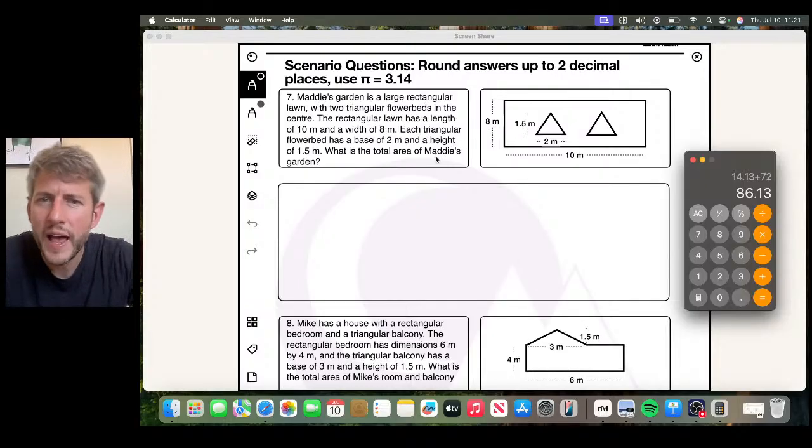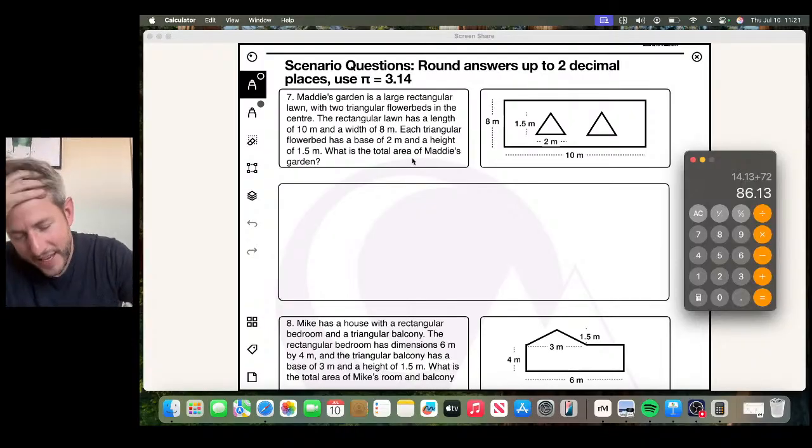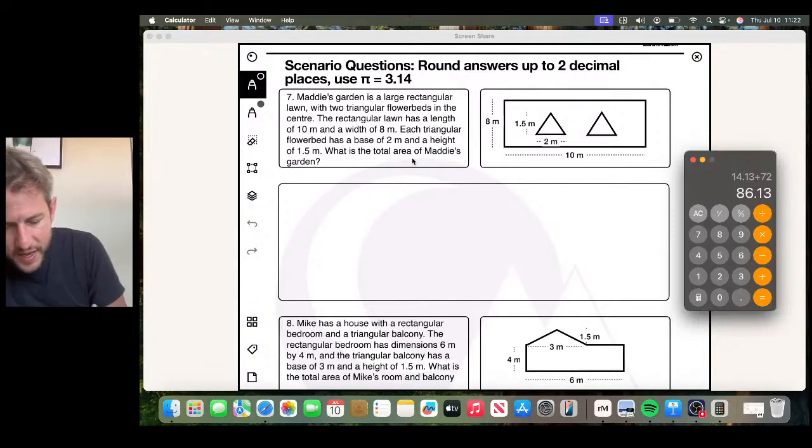What is the total area of Maddie's garden? Now that actually doesn't make sense because the triangular bits are still part of the garden.